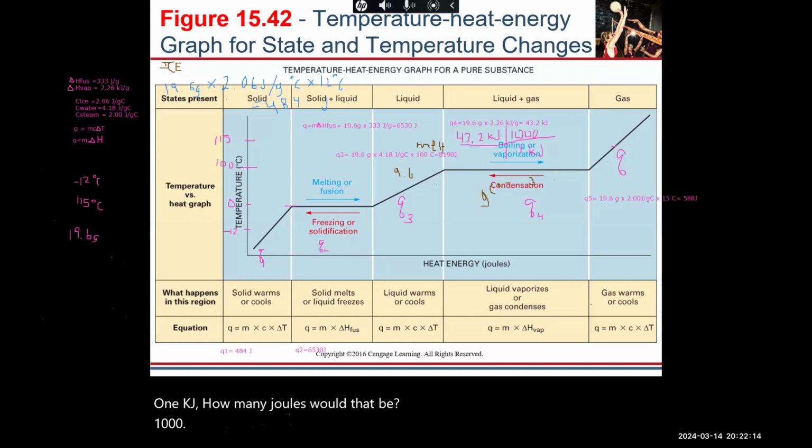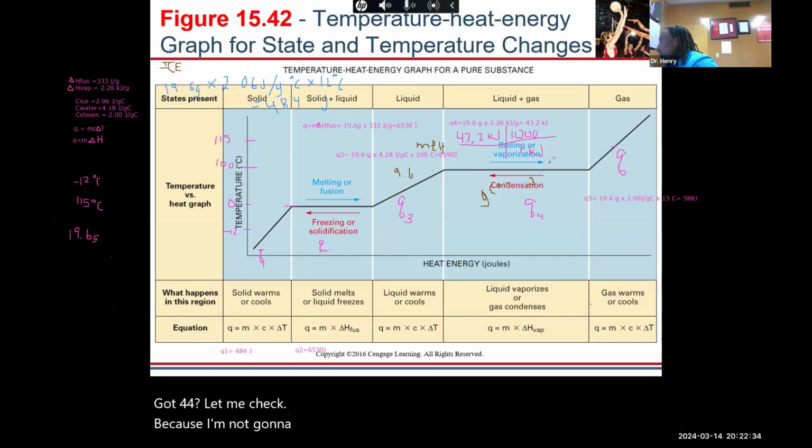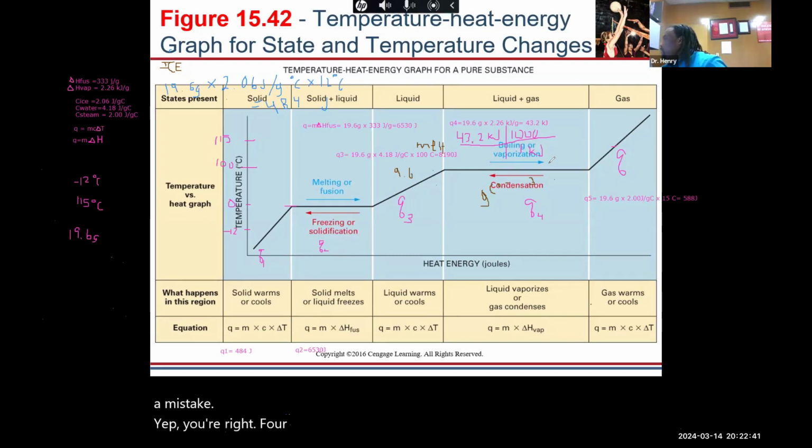I have a question. I don't know if I got it wrong. I put the 19.6 times the 2.26 in the calculator, but I got 44.2. Let me check. Yep, you're right, 44.2. So then that would be 44.3, right? Because it's 44.296.